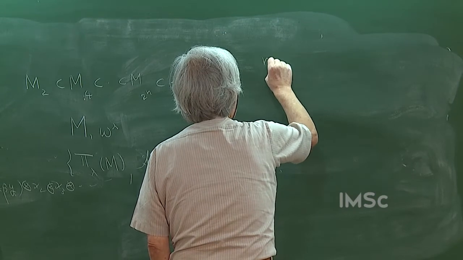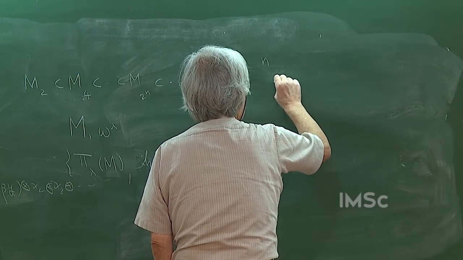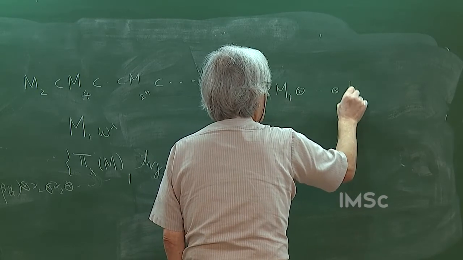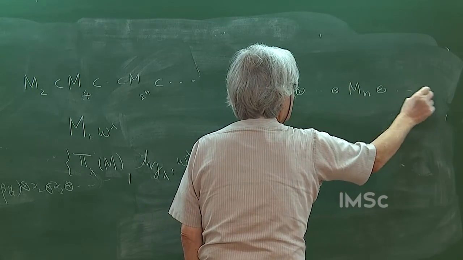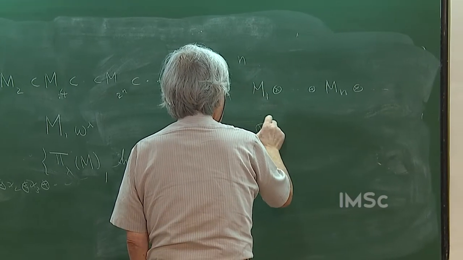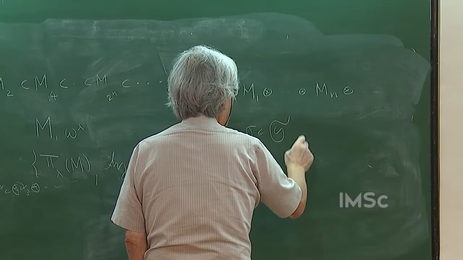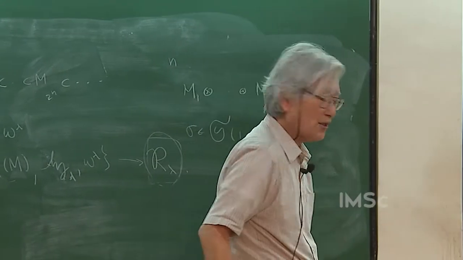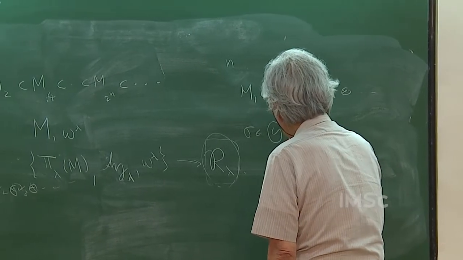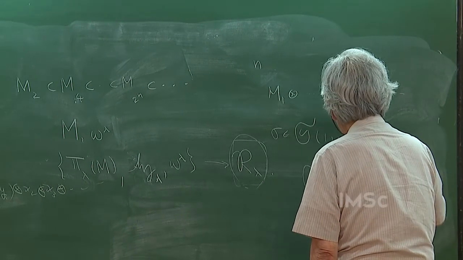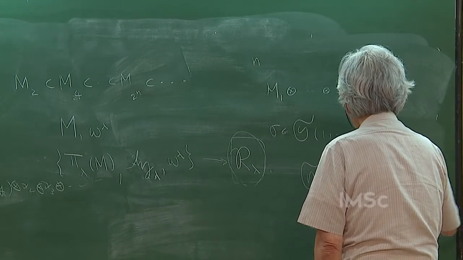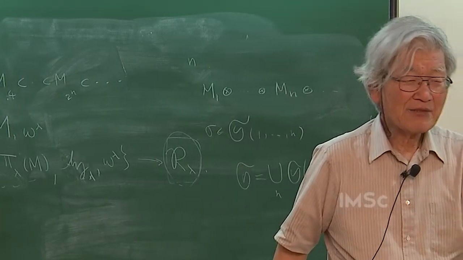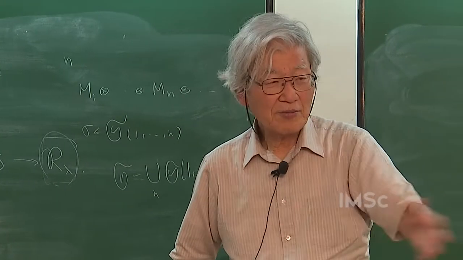Okay, fix n and M1 tensor through Mn. From this term, I don't care. And sigma is a permutation of 1 through n. And I consider S to be the union of those S_n. So, in other words, S stands for the finite permutations of the natural numbers.